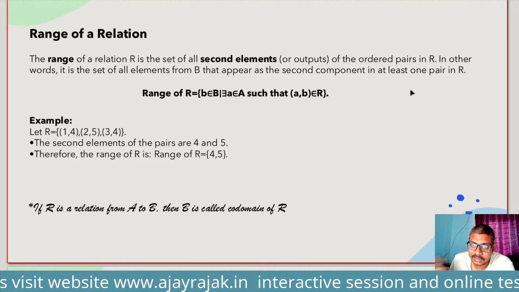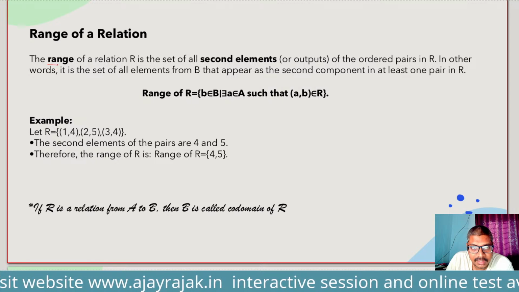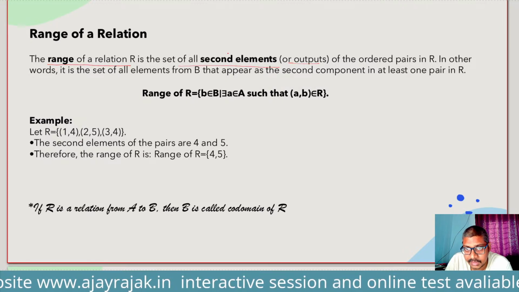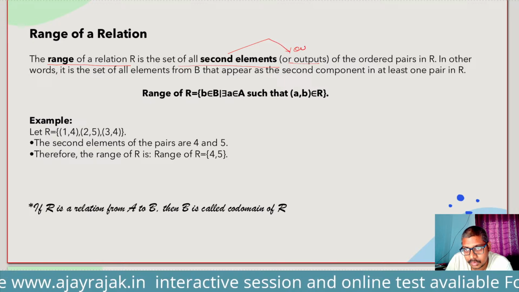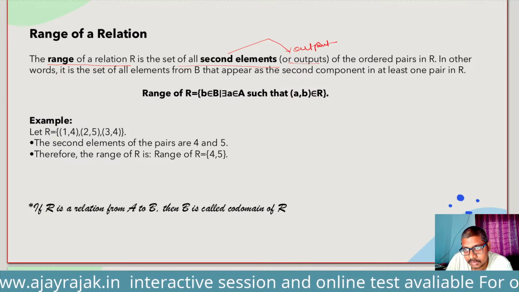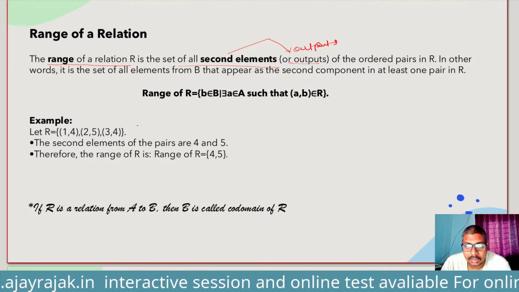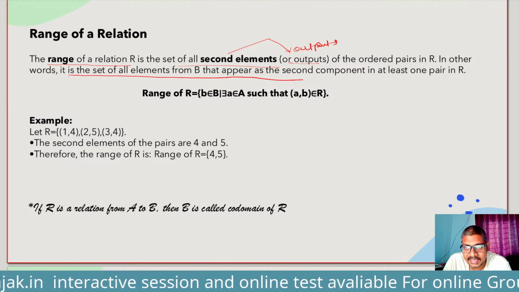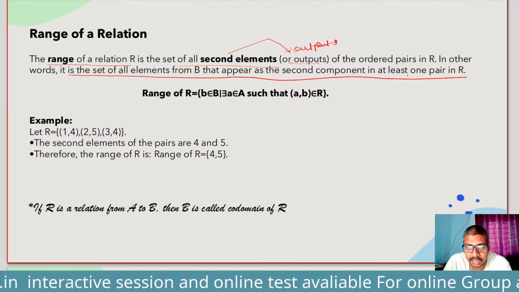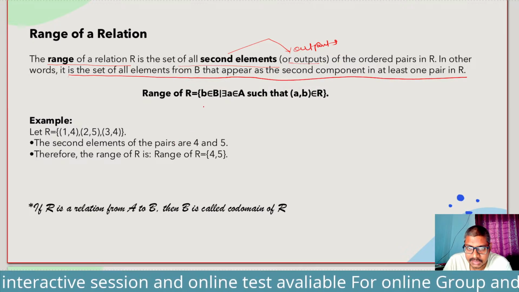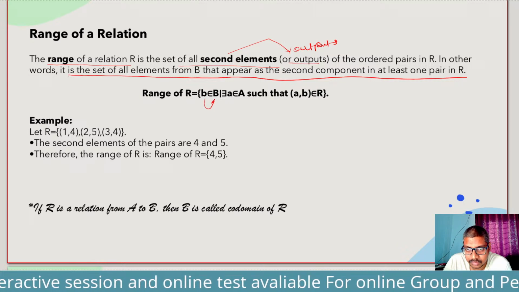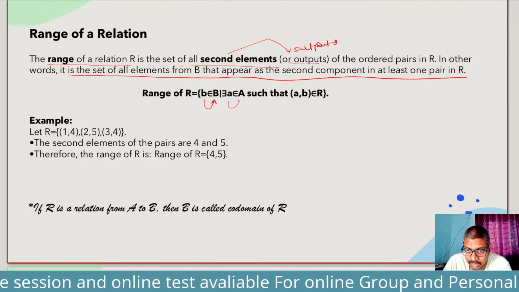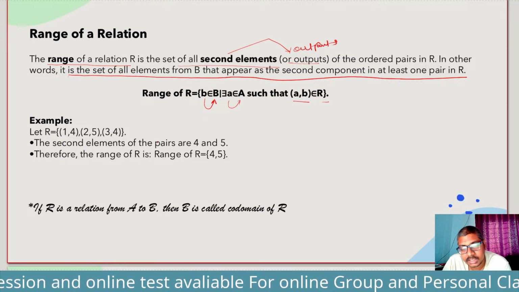And the range of a relation R is the set of all second elements, or outputs. It is the set of all elements from B that appear as the second component in at least one pair in R. So in the definition, b belongs to B, then definitely there exists an a such that (a, b) belongs to the relation.